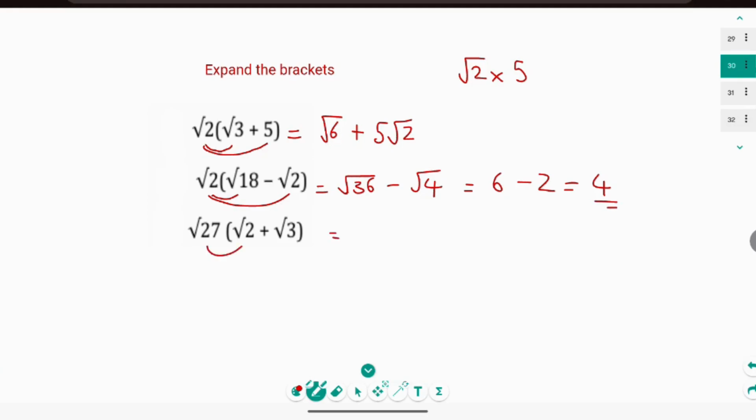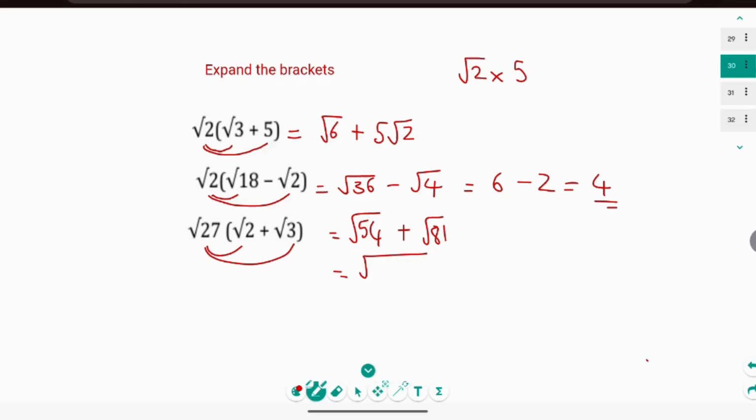Okay, root 2 times root 27 is root 54. Root 27 times 3 is root 81. Now I think we can simplify root 54. Let me just think about this. Well, 9 is definitely a square number and a factor of 54.